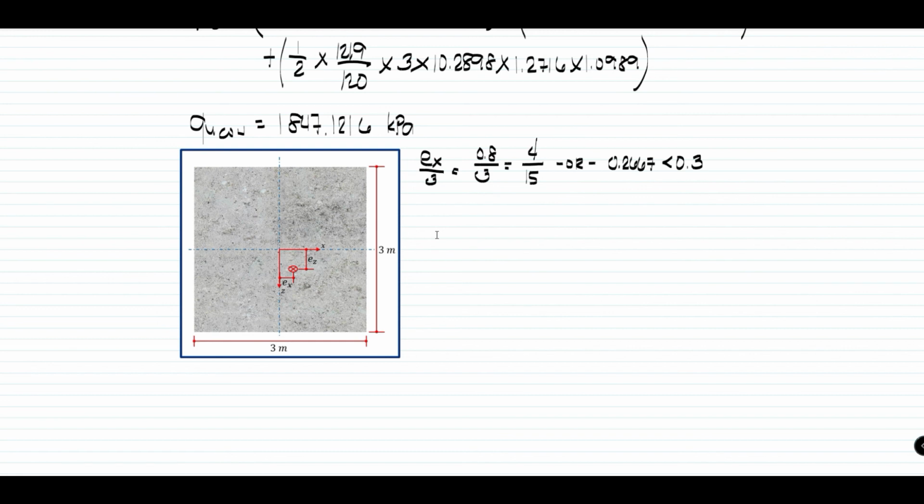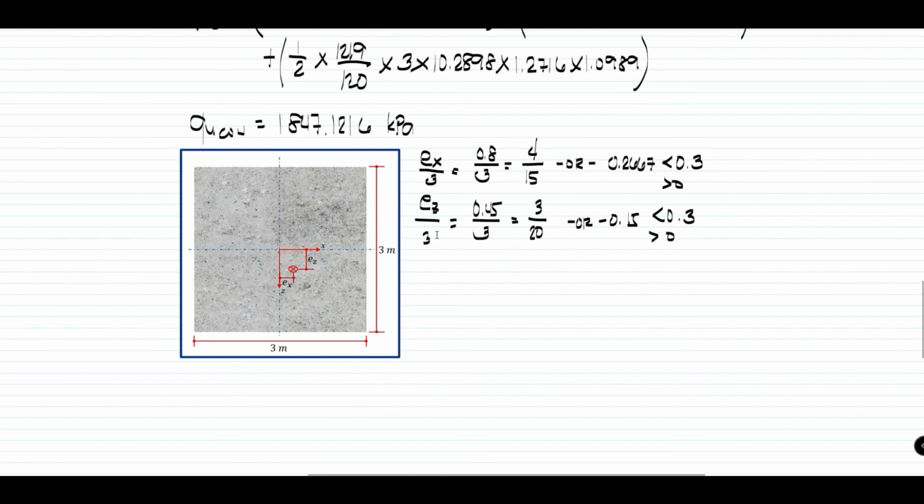So, kunin din natin yung EZ over L or yung over 3 din. So, that is 0.45 over 3. So, this is equivalent to 3 over 20 or this is 0.15. This is lesser than 0.3. So, greater than sila parehas ng 0.